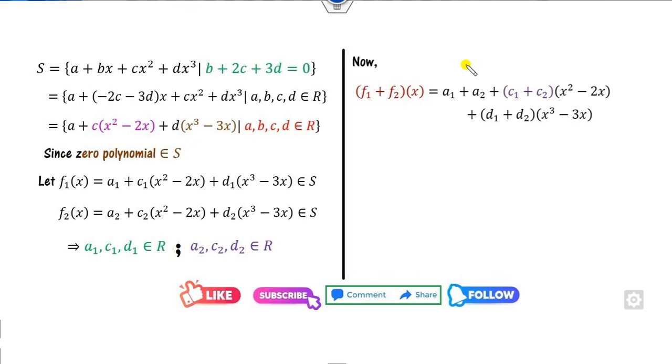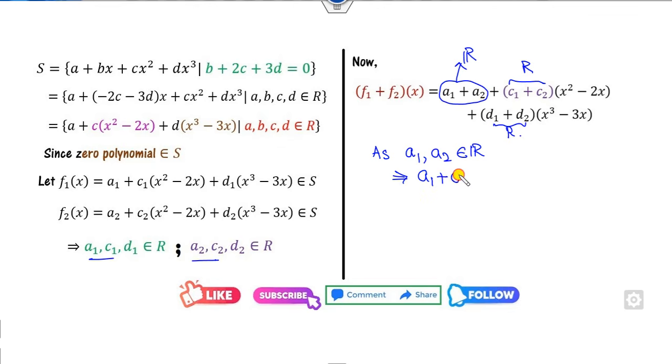So your target is to prove the coefficient of this is part of R, this is part of R, this is part of R. Now you can easily write that, because a1 and a2 are part of R, this implies a1 plus a2 is in R. Similarly for c1 and c2.